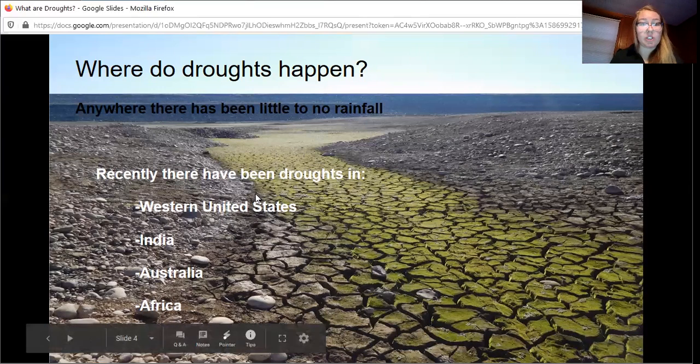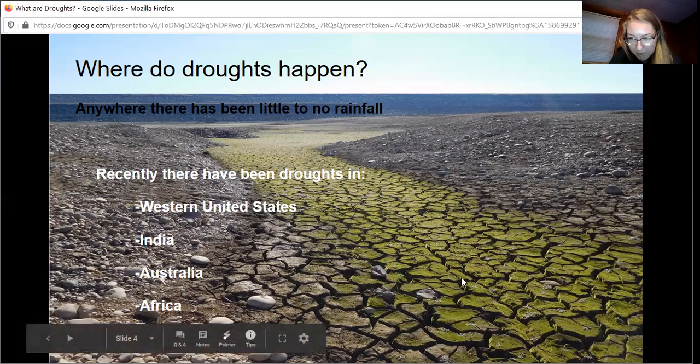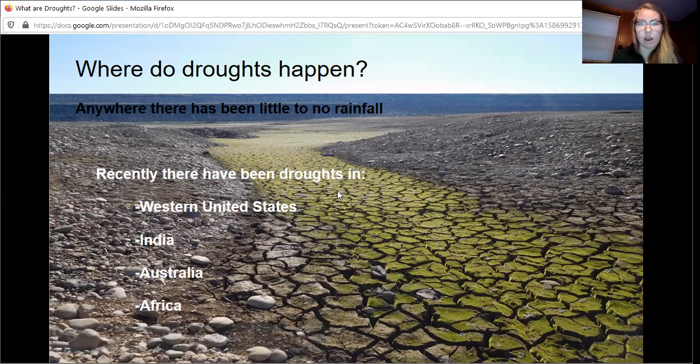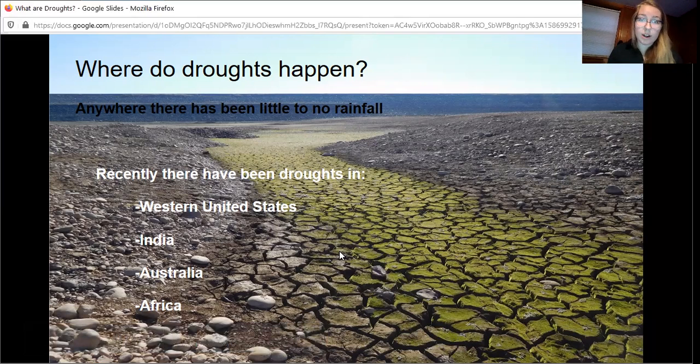And you see in this picture here, this is a riverbed that has dried up, and you see these big cracks in the ground, and that's because all of the moisture, all the water, is being dried up by the sun. And so nothing can grow here. You see a little bit of maybe some leftover moss or some leftover algae from the river, but nothing can really grow there because there's no water.